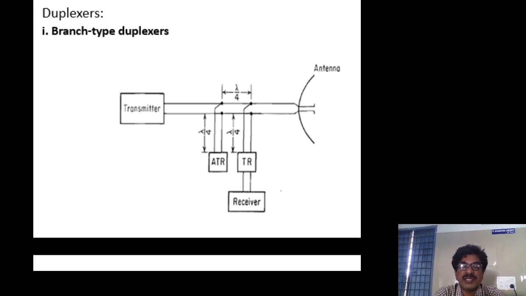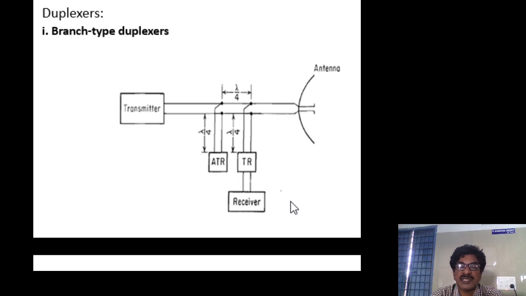Otherwise what will happen, the receiver can be damaged because of the high power transmitted pulse if it directly enters the receiver. So that's why we need to maintain good isolation between transmitter and receiver.